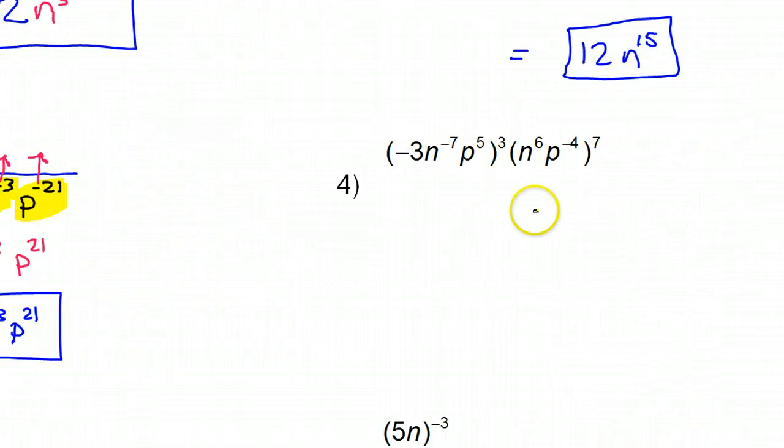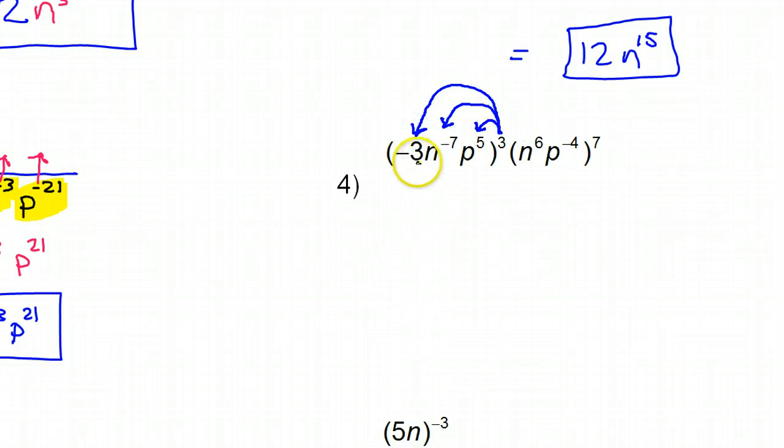Alright, this is very similar. Once again, I'm going to take these powers and do them to each thing on the inside. So I'm taking this 3rd power and I'm going to do the power here, the power here, and the power to this guy. Now, negative 3 to the 3rd power.